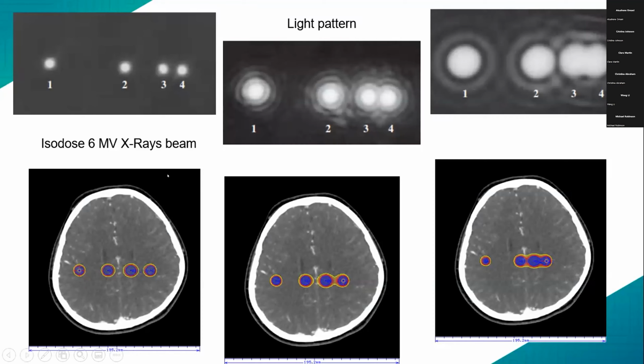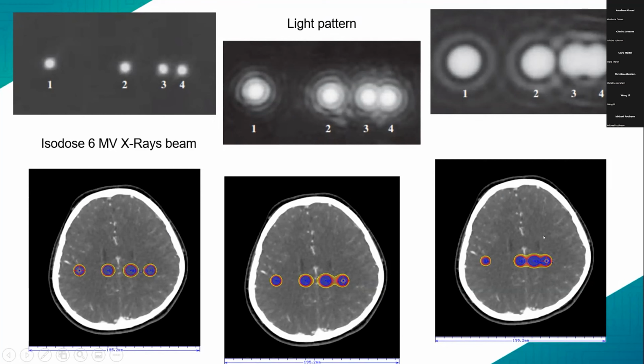What do we have with X-rays? With X-rays, if the sources of X-rays are separate, we have one pattern, or isodose lines, like this pattern of light. If the sources are closer together, we have one pattern like this, similar to visible light.